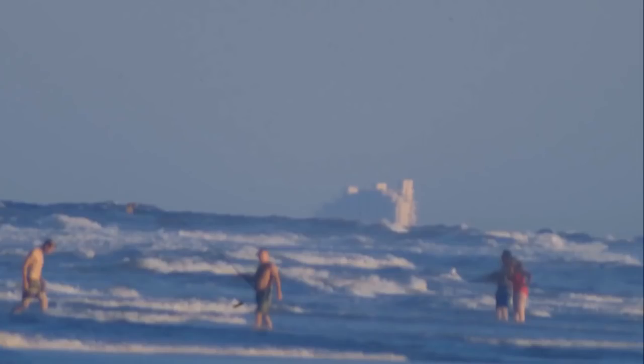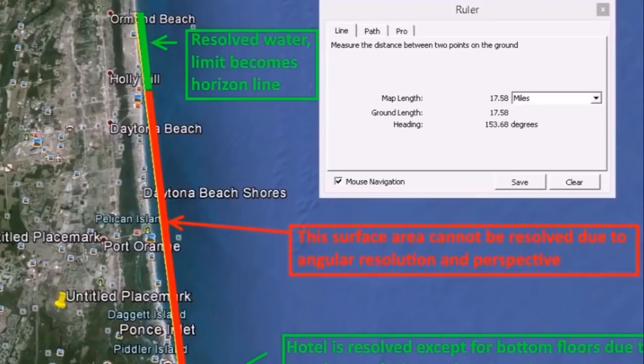I cannot resolve the hotels any lower because the angle is too small. If I could resolve the hotels lower, then logically I would be able to resolve more of the surface of the water at a greater distance. But we know this is not possible due to the laws of physics.